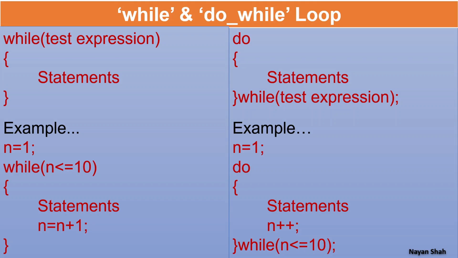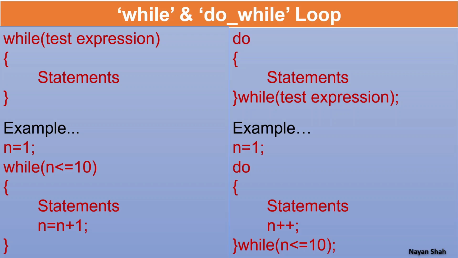Same example we will see which we have seen with for, to print numbers from 1 to 10. So here n is equal to 1 is outside of the while loop, so it is not part of the while loop. It starts with while n less than or equal to 10. Now remember, if initially the value of n is 39 instead of 1, then the loop will never execute, because right in the beginning 39 is not less than or equal to 10, so it will not allow you to go inside the loop.